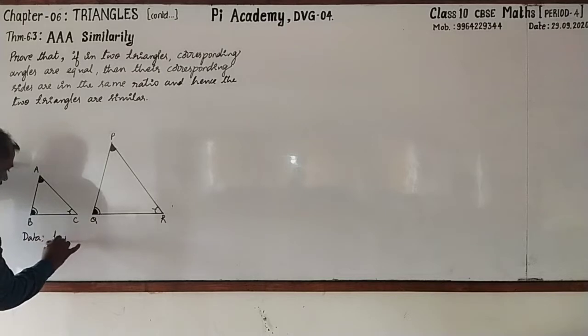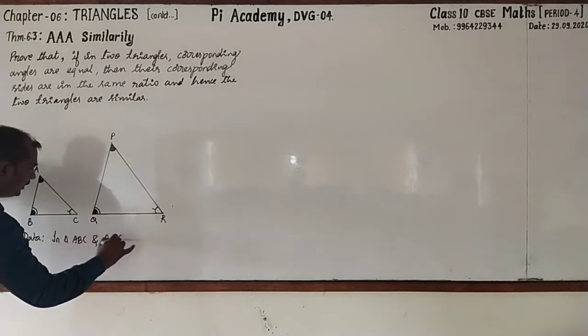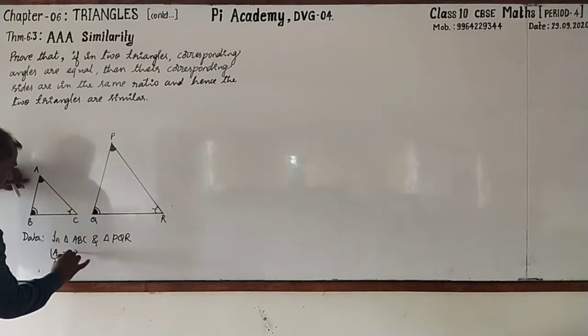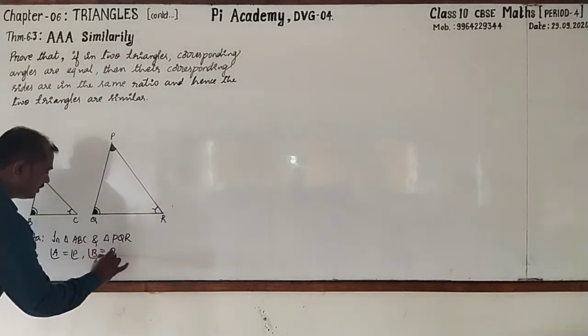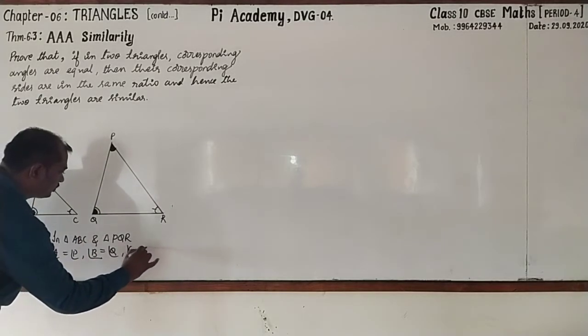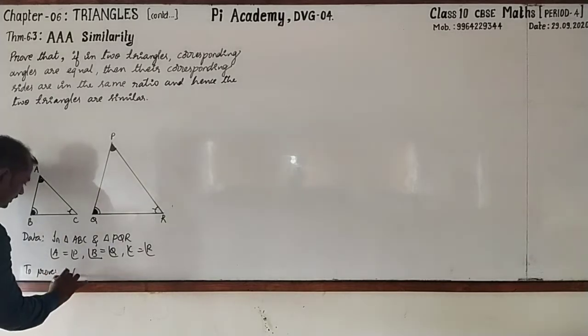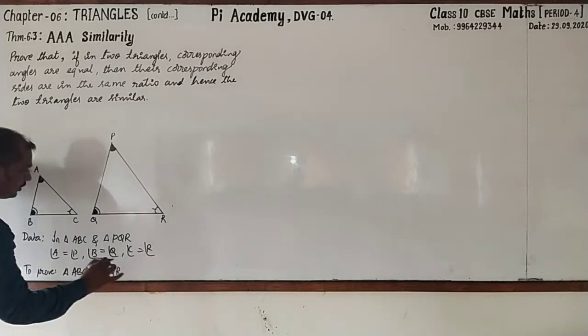It is in triangle ABC and triangle PQR. In these two triangles, they have given angle A equal to angle P, angle B equal to angle Q, and angle C equal to angle R. Followed? Then with this information, what we are going to prove? We will prove that triangle ABC is similar to triangle PQR.